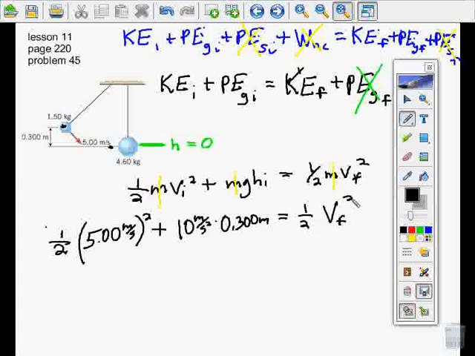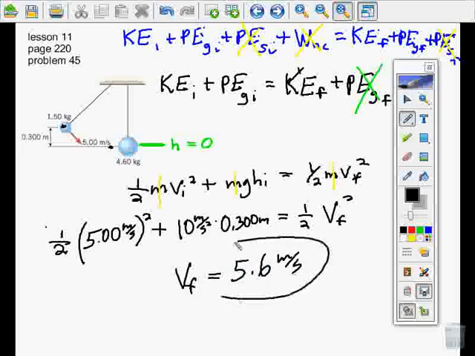And that's how fast it's going right before it hits the other sphere. And did you have to calculate that? 5.6 meters per second. So that's how fast this little small sphere is going as it swings down right before it hits the other sphere.